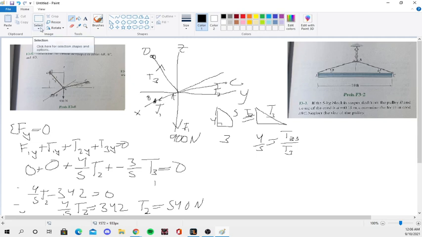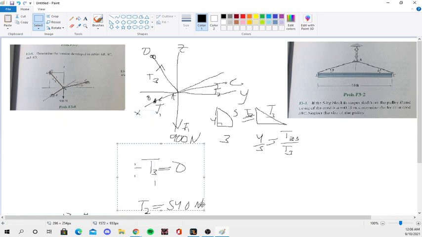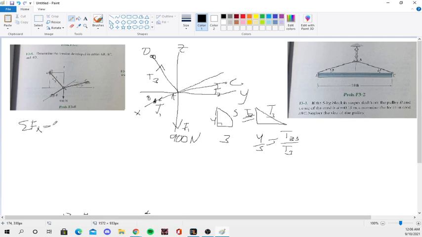So now that we have those two, we can find our X components. So let me just delete these. We start with our component equation, which is the sum of the forces in the X direction, all equals 0. So we have our first force, the X component, plus T1x plus T2x plus T3x. Everything equals 0. Force 1 is on the Z-axis, so it does not have an X component.